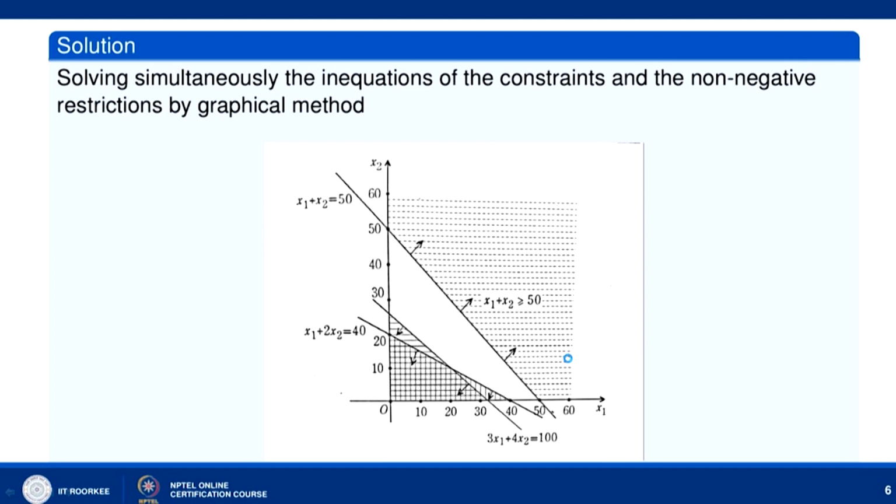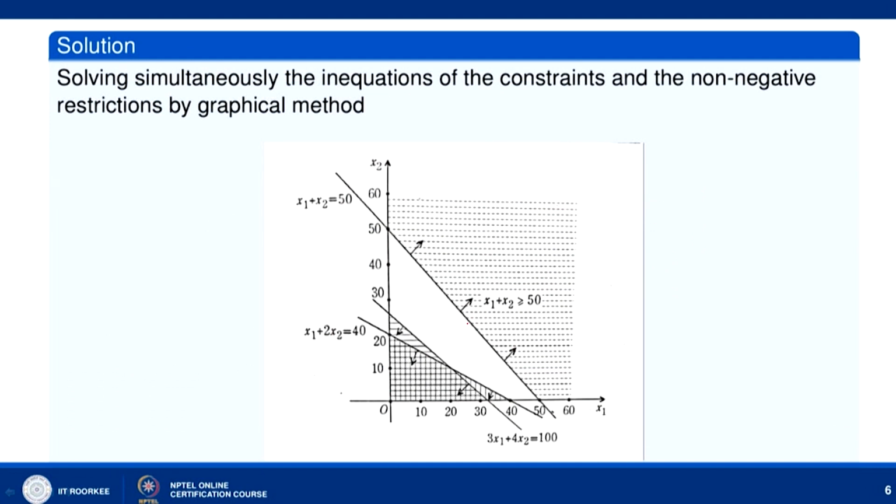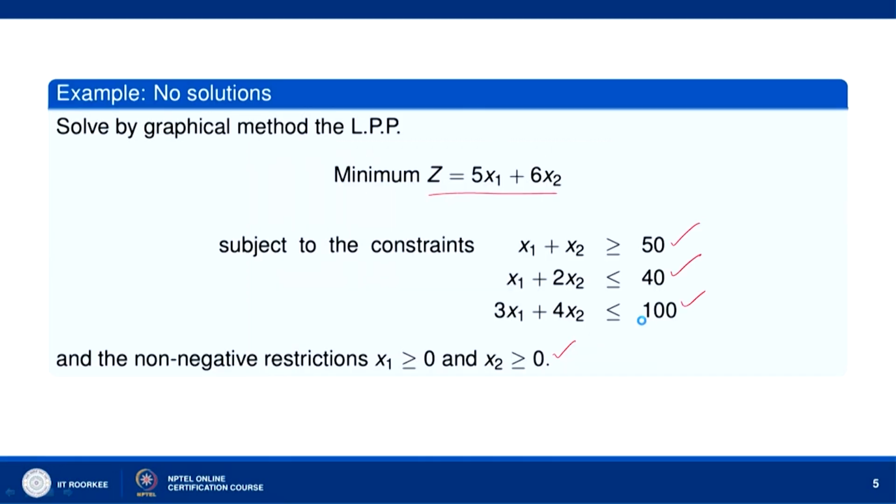Now, again let us draw the lines. This is the line x 1 plus x 2 equal to 50, and the second line is x 1 plus 2 x 2 equal to 40.